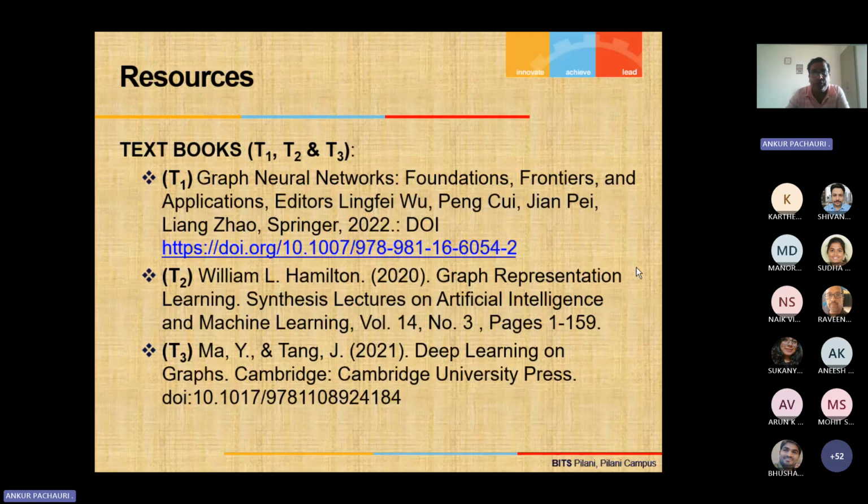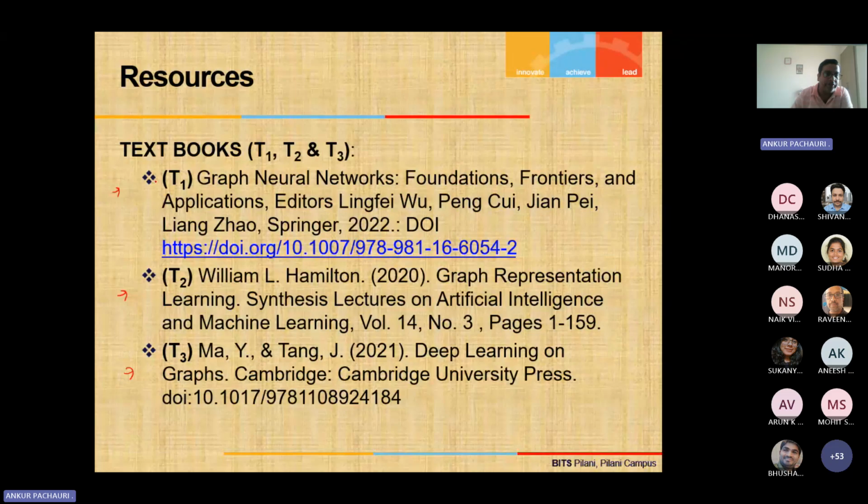There are a few textbooks available. The first and primary is Graph Neural Networks: Foundations, Frontiers and Applications, a Springer book. The second is Hamilton's Graph Representation Learning, and the third is Deep Learning on Graphs. Soft versions of all three are available on the internet. The last is almost free.